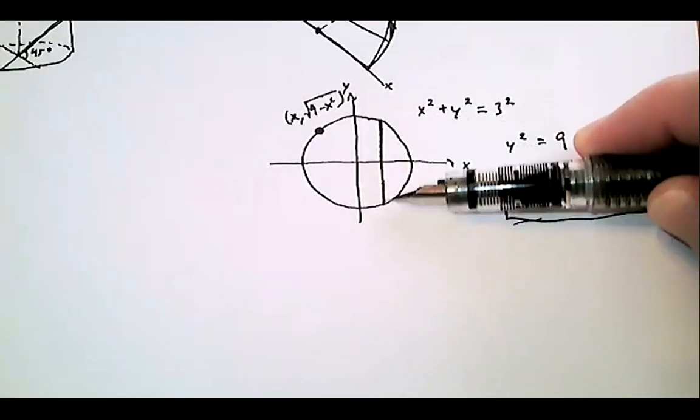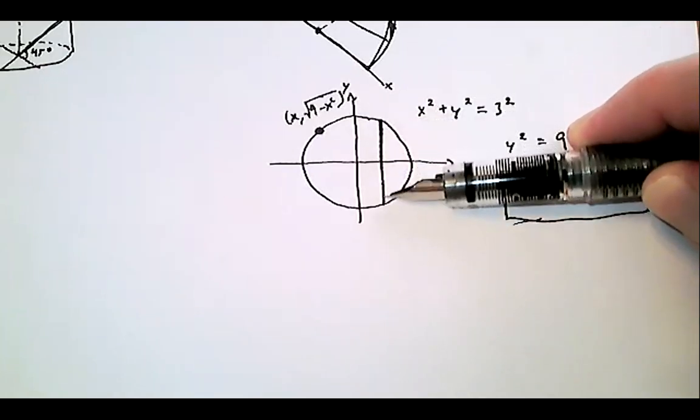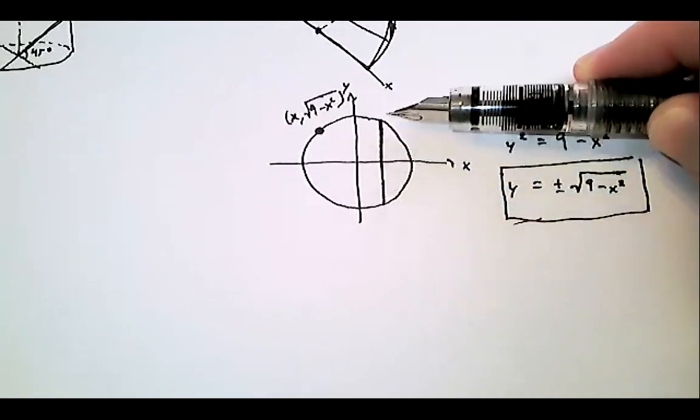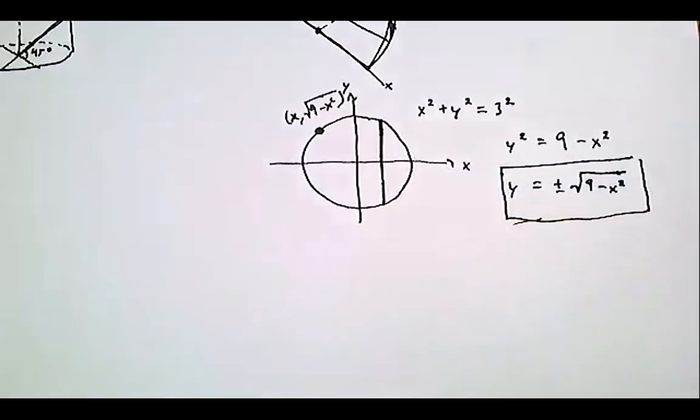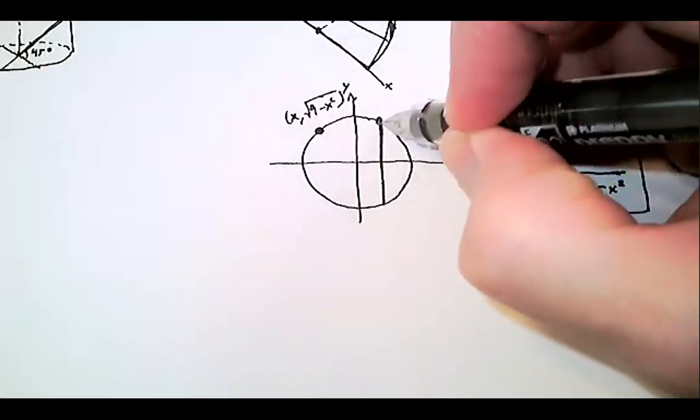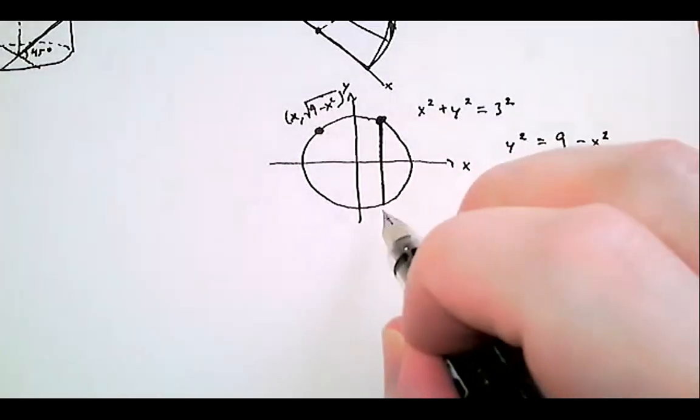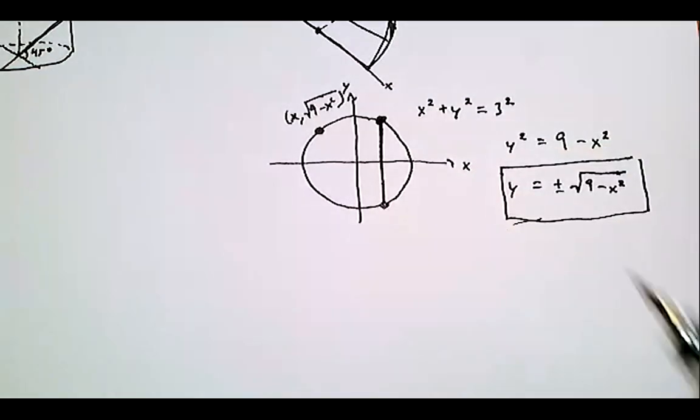And the width of each of the rectangles is like this. It slices the circle vertically. So we need to find the distance from this point to this point.